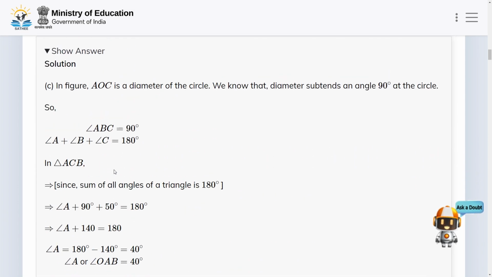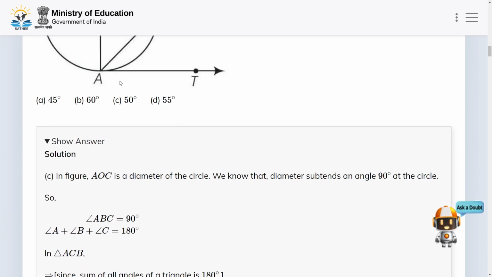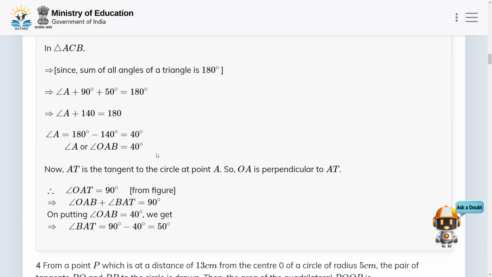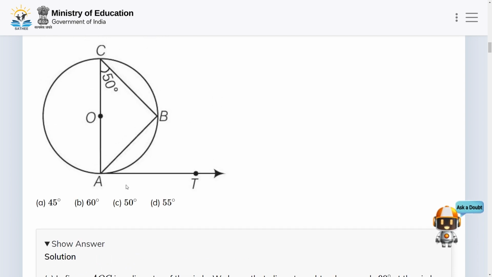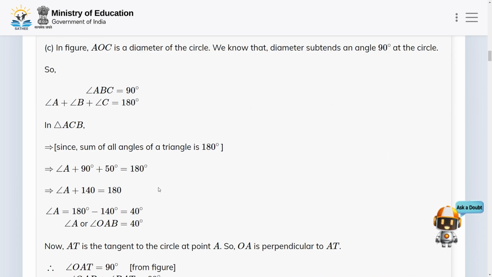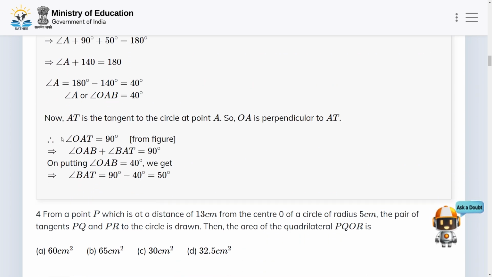And now AT is tangent to the circle at point A. So OA is perpendicular to the tangent AT. So angle OAT is equal to 90 degrees. And here angle OAB plus angle BAT is equal to 90 degrees.